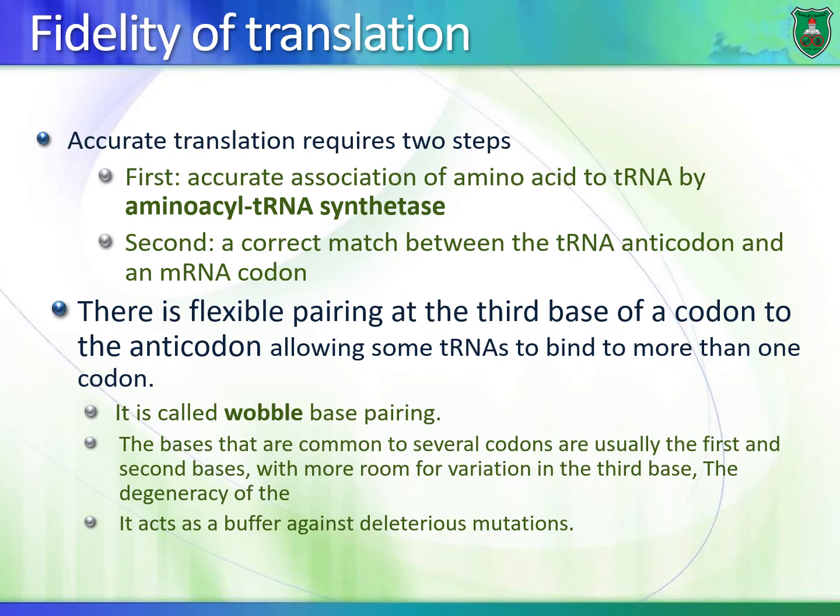But changing the first or second nucleotide of a codon would cause a change in the amino acid. It would cause a missense mutation overall. But notice something, that sometimes changing the second nucleotide, if you look at the table, may change the amino acid, yes, but sometimes it is within the same category. That is, it would change a hydrophobic amino acid into a hydrophobic amino acid and so on.